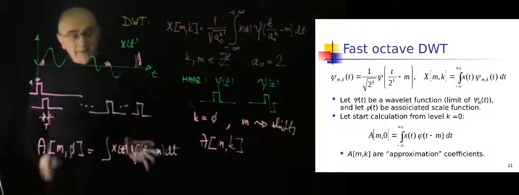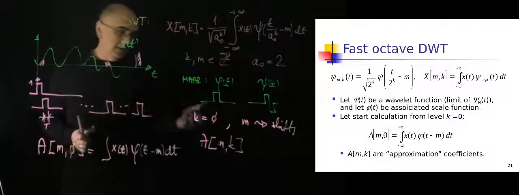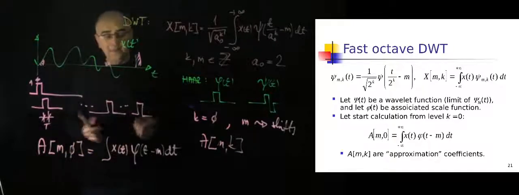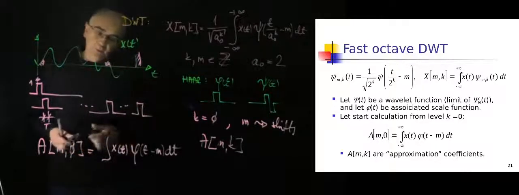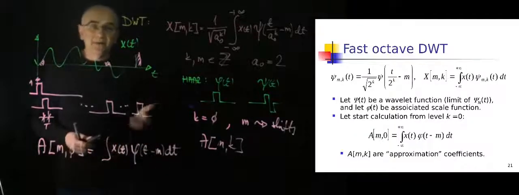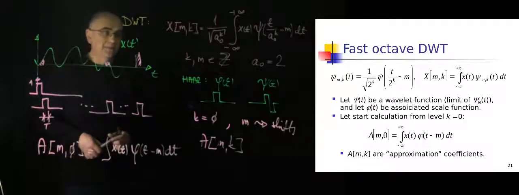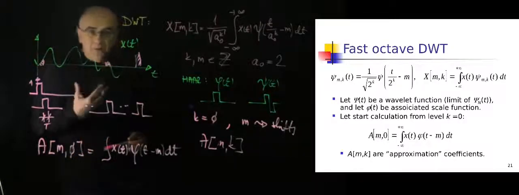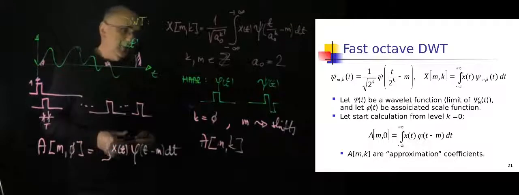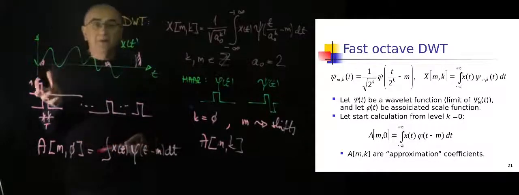So either you get it from the sensor itself, or you have to realize a very simple hardware to get the approximation coefficients. And then what happens? Then we can calculate all the wavelet coefficients using the filter bank.